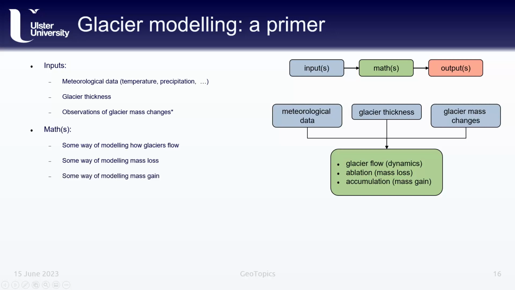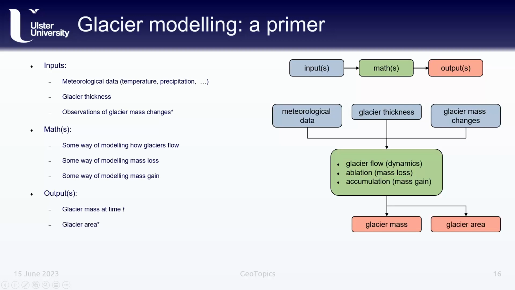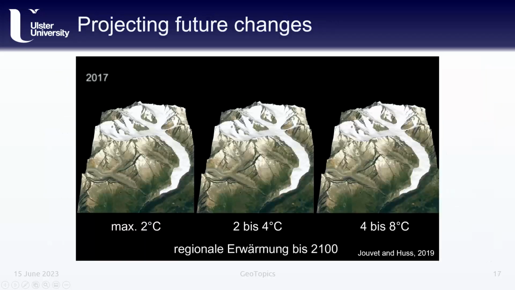And we need some way of measuring the mass gain, so how much snowfall is coming on the glacier, how much of that sticks around, if it's blown away by wind, etc. And then the outputs that we get from this, of course, are the glacier mass at some future point, the glacier area, and sometimes we also study how fast the glaciers are flowing based on these different models. So that's a very quick, simple overview of how we actually do glacier modeling. It's just different inputs, different math, and then we look at the outputs that we get.